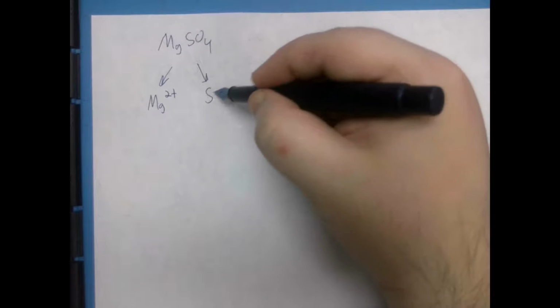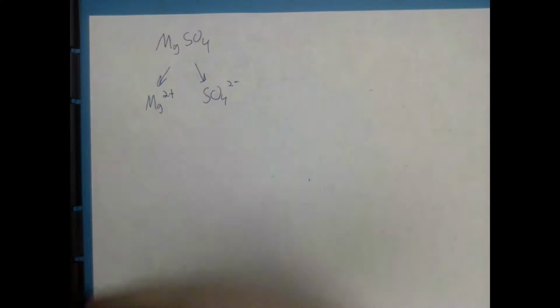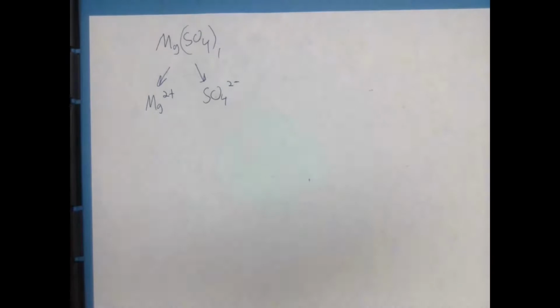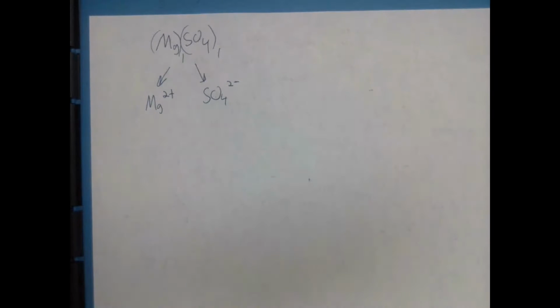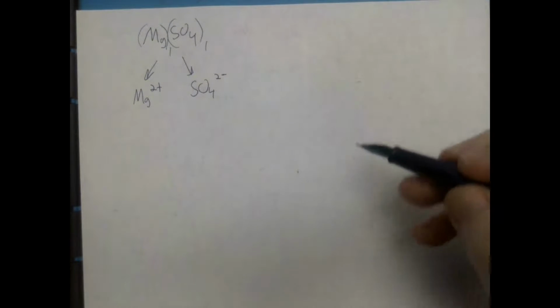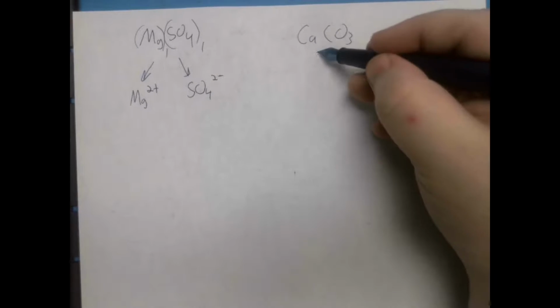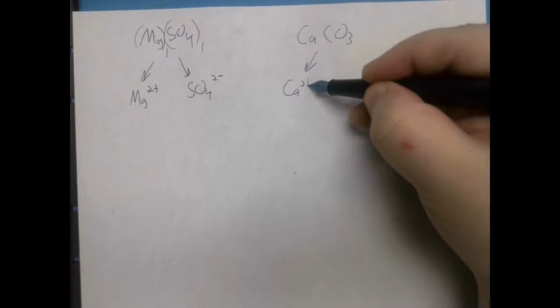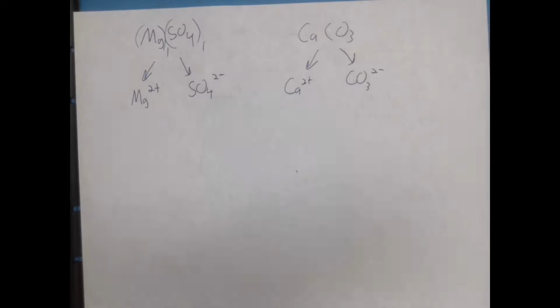That means that sulfate is just going to have to be 2 negative, because there's only one of these for every one of these. The charges have to add together to be 0. Same thing for this, calcium carbonate. The ions involved are Ca2+, and carbonate is a -2 ion.